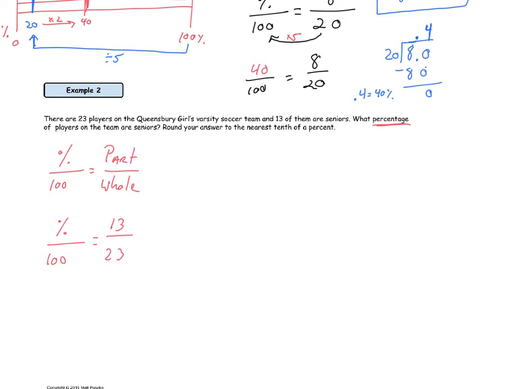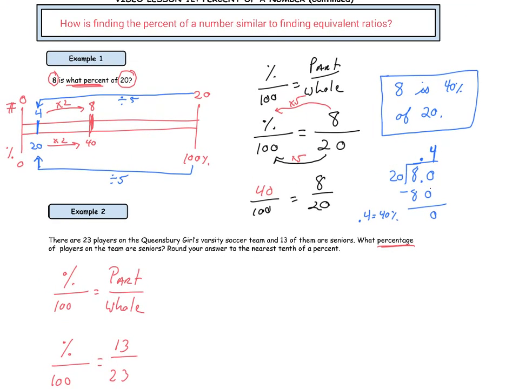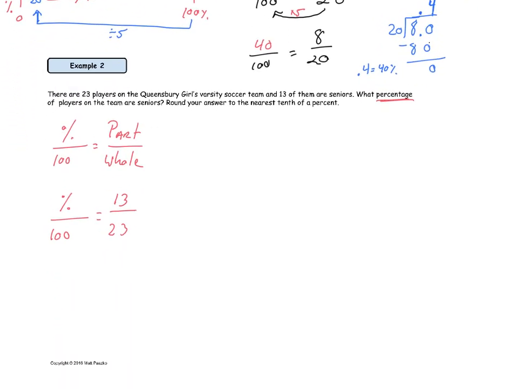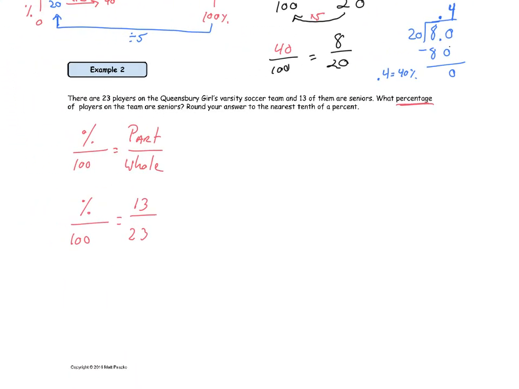When we went up to example number 1, we were able to find a relationship between our numbers, 8 times 5, 20 times 5. But in this case, I can't find a relationship of 23 and 100. I can't find a factor of 23 that will help me out with 100.